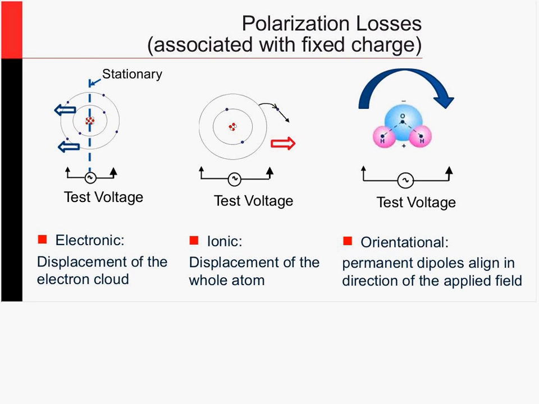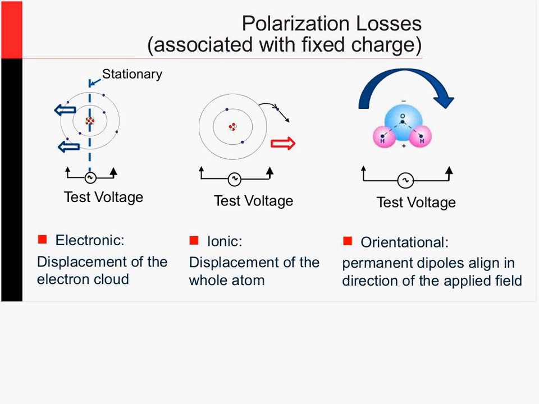The second one, also probably not so relevant to the materials that we see in traditional insulation systems, is called ionic polarization. This would be where the entire atom is now moving with the test voltage. The only way this is going to happen is if that atom has a charge, either a positive charge or a negative charge associated with it. And when it carries a charge, it's known as an ion instead of an atom.